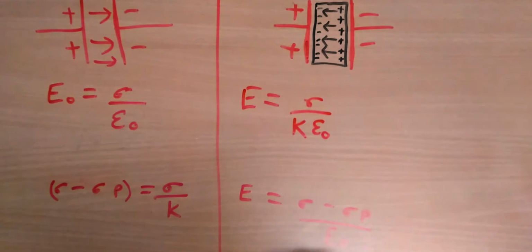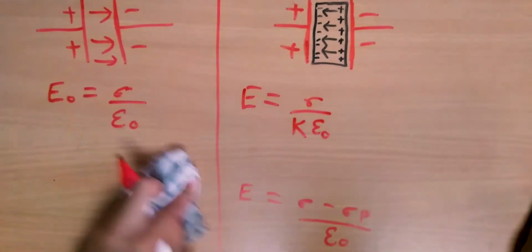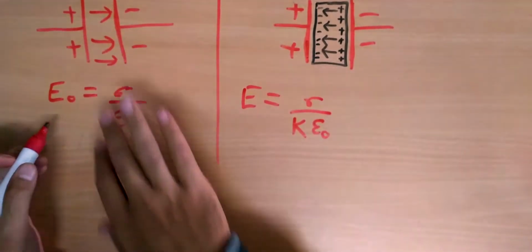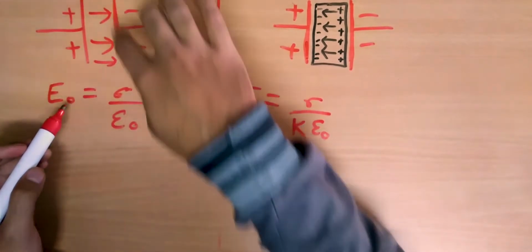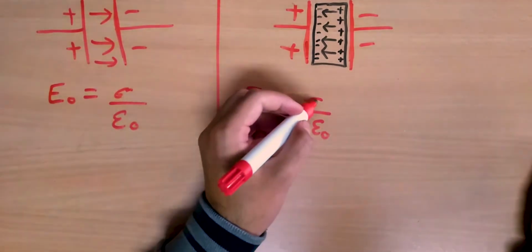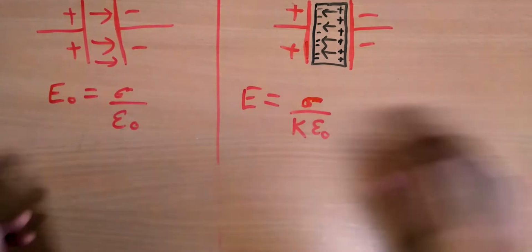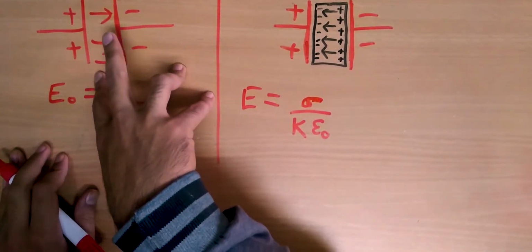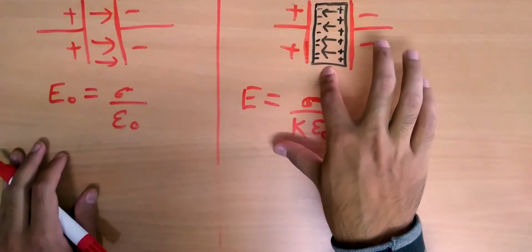Perfect. Now I have got the electric field in both the cases. So the electric field in this case, E naught, equals sigma upon epsilon naught, and the electric field in this case is sigma upon k times epsilon naught. Now you have to find the ratio of the electric field in this case, where we do not have the dielectric, to the electric field in this case where we have a dielectric.